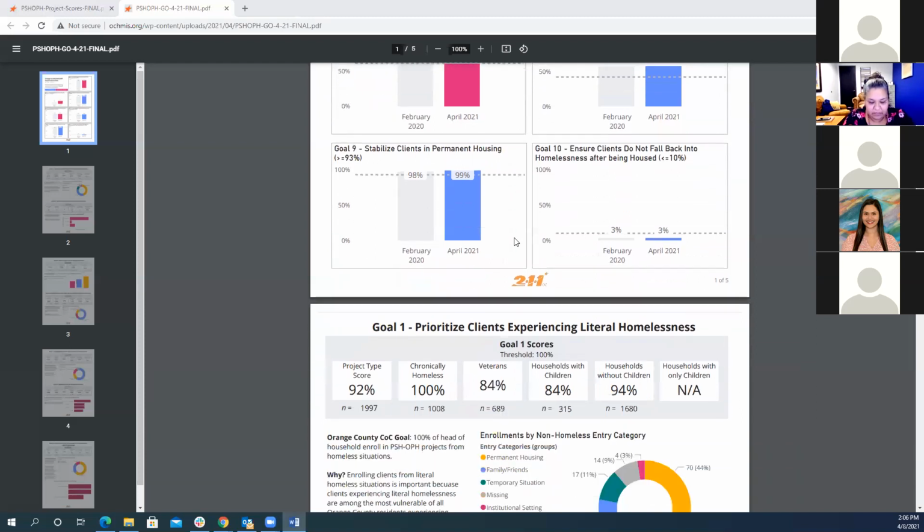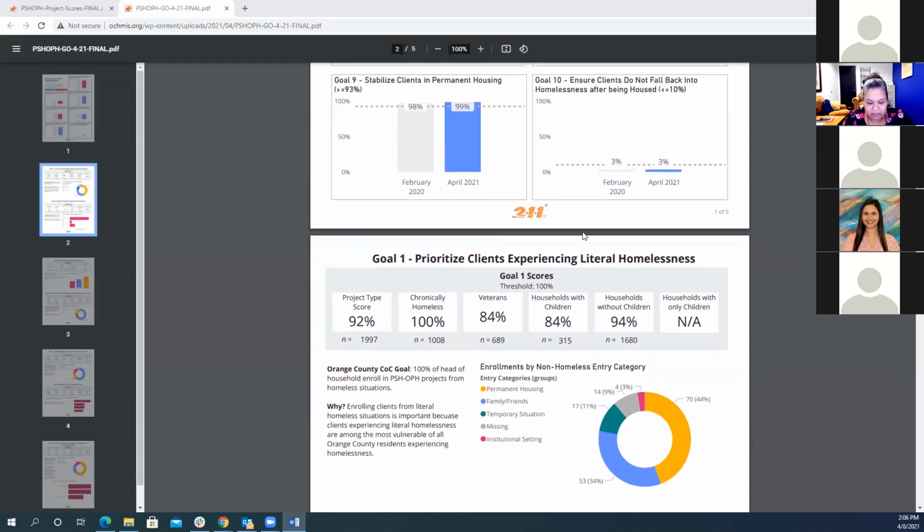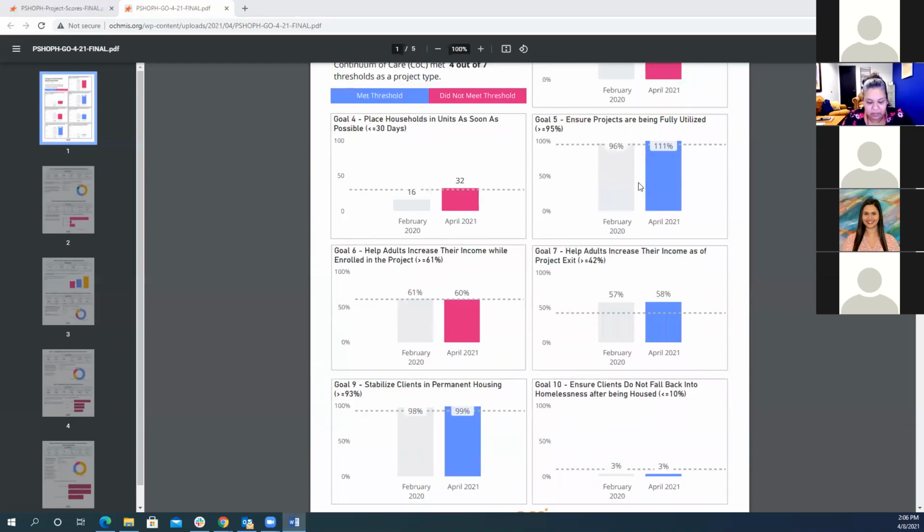So let me keep on going. The other thing really quickly, for goal 4, we did have an increase in the number of days it's taking households to be placed in units. The reason for that was we talked to the COC board about this last year, and we've decided to only include clients that were placed during the reporting period.